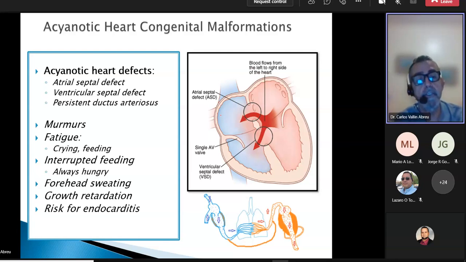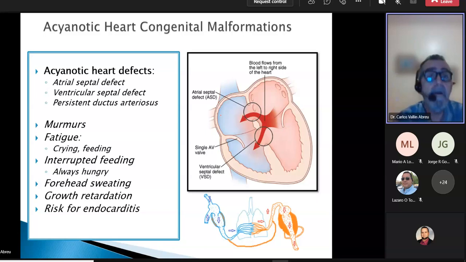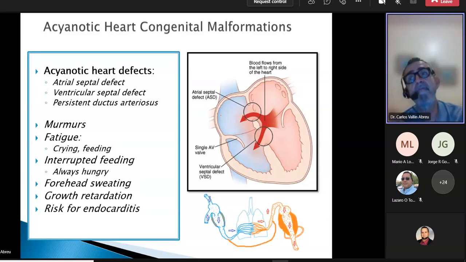The other manifestation is that the baby is having a delay in the growth, a delay in gaining weight and growing because is having problems of feeding, problems to thrive, problems of oxygenation, etc. Those abnormal holes in the heart could become infected, and this infection inside the heart is called endocarditis.